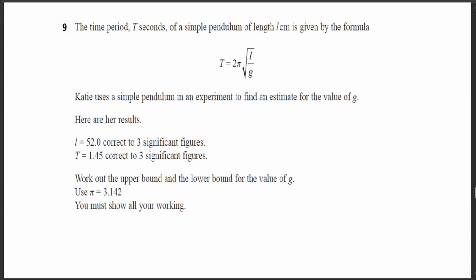Now KT uses a simple pendulum in an experiment to find an estimate for the value of g. Here are her results. L is equal to 52.0, correct to three significant figures. T is equal to 1.45, correct to three significant figures. Work out the upper bound and the lower bound for the value of g. Use pi to be 3.142.